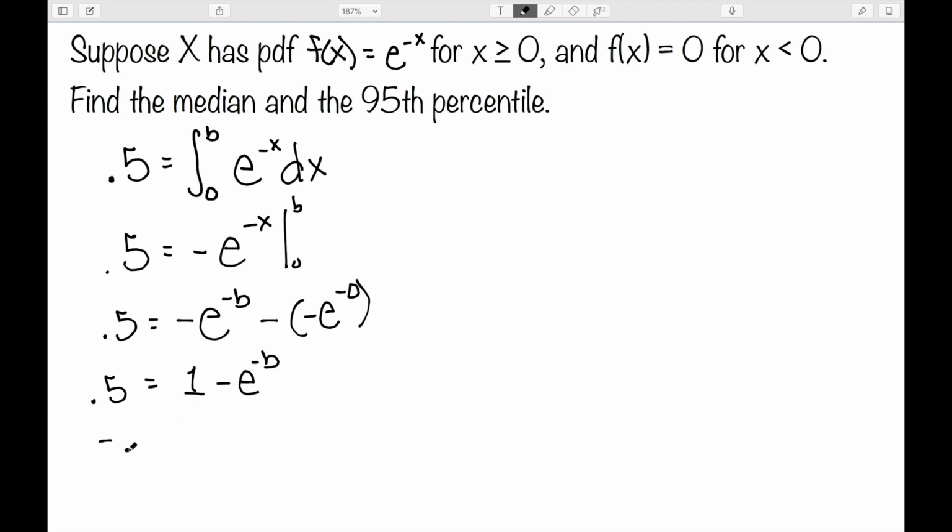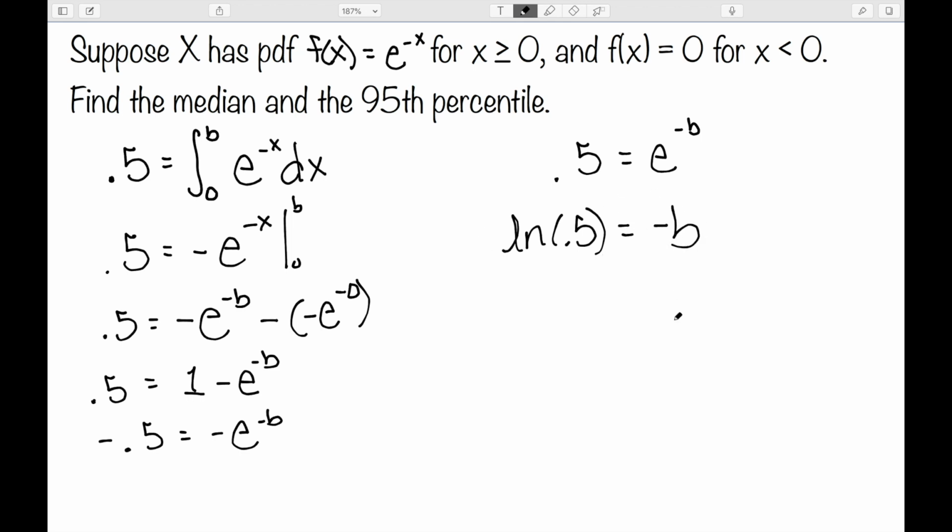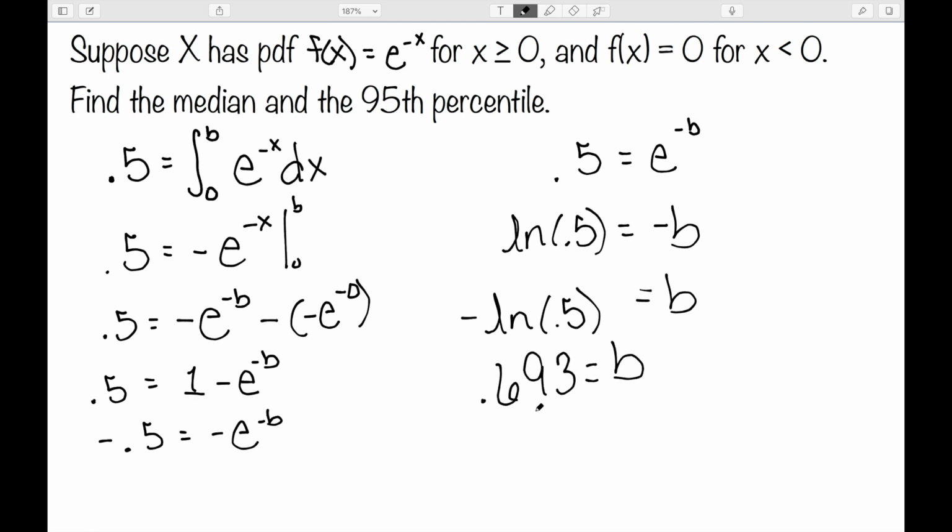I can subtract 1 from both sides, multiply both sides by negative 1, and then take the natural log. So then I have natural log of 0.5 is equal to negative b. So b would be equal to negative ln of 0.5, which would be approximately 0.693. So the median of this function is 0.693.